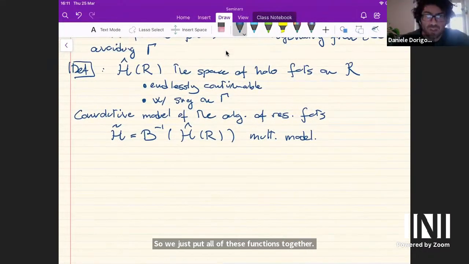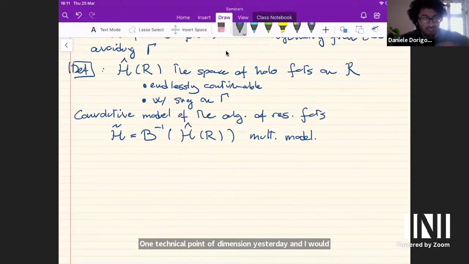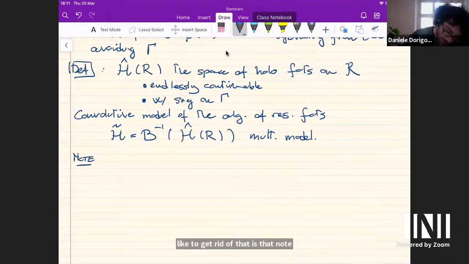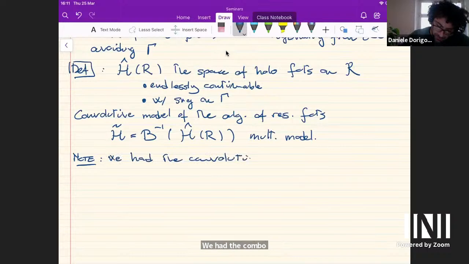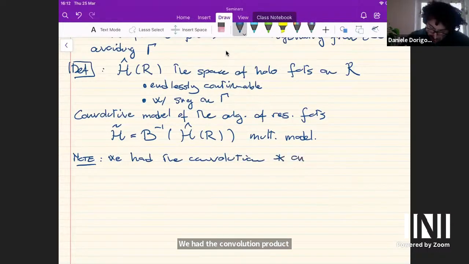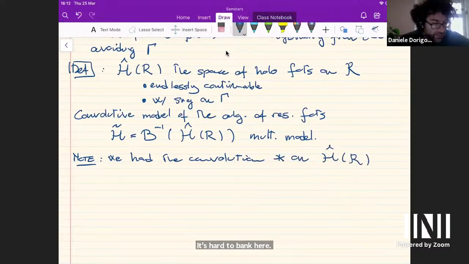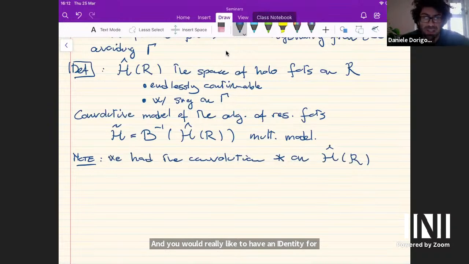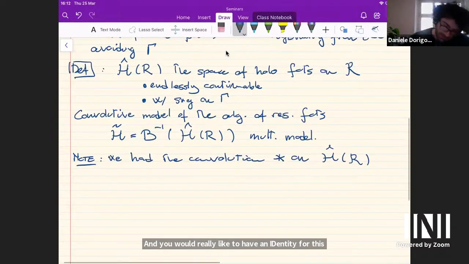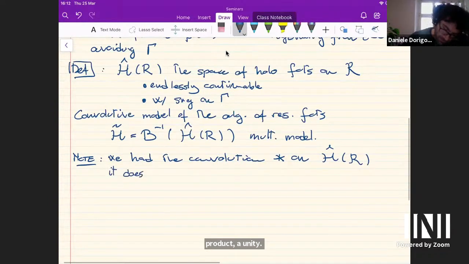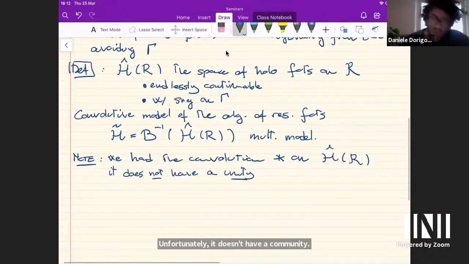One technical point that I mentioned yesterday, and I would like to get rid of, is that we had a product on this algebra, the convolution product. And you would really like to have an identity for this product, a unity. Unfortunately, it doesn't have a unity. So you just add it by hand.